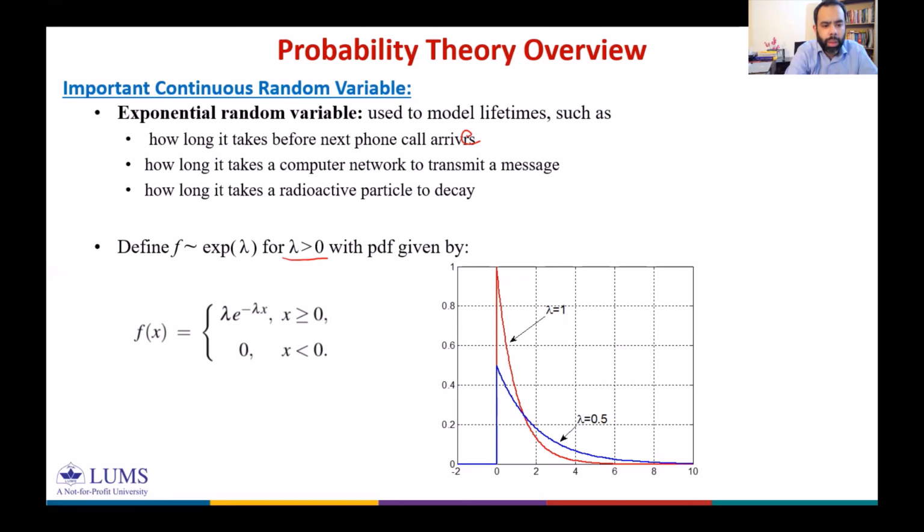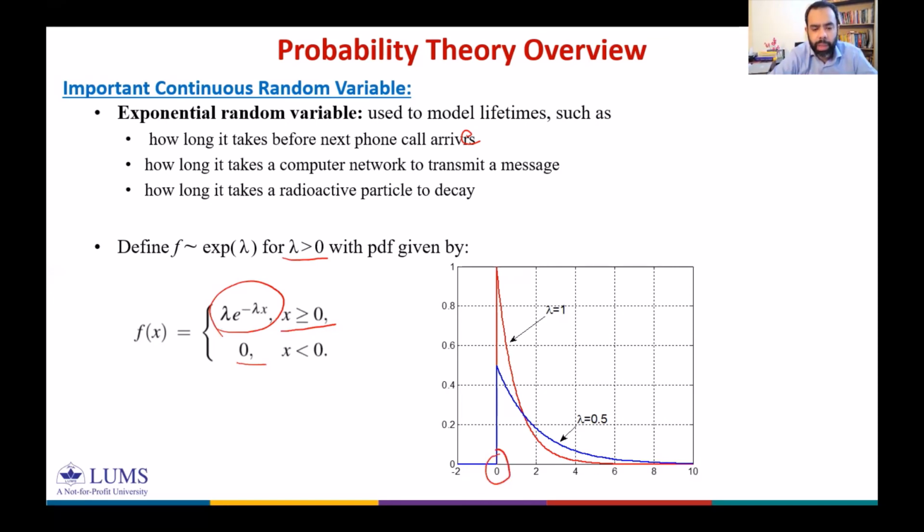So when x is positive, it's a piecewise PDF, lambda e to the power minus lambda x, right? And when x is less than 0, you get 0. And in this piecewise function, you see there's a jump at x equal to 0.